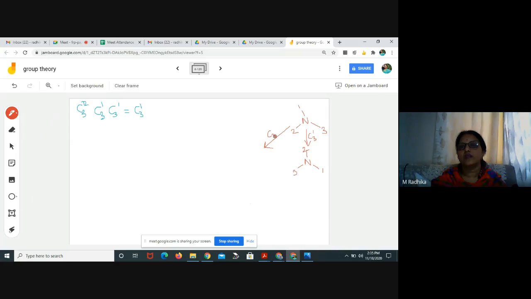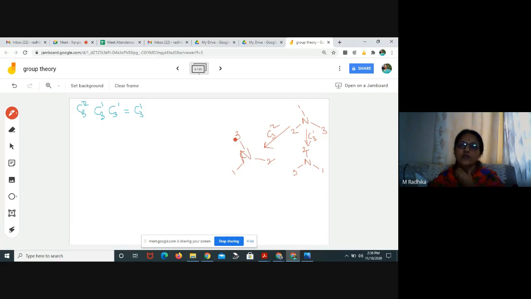What is C32? I have to rotate two times. If I rotate two times, 1 will come here, then 2 will come here, then 3 will come here.